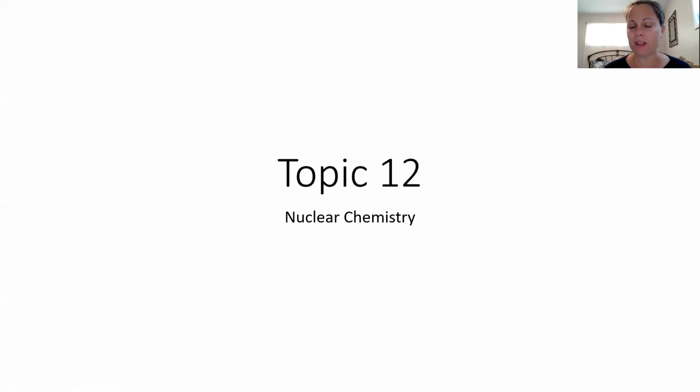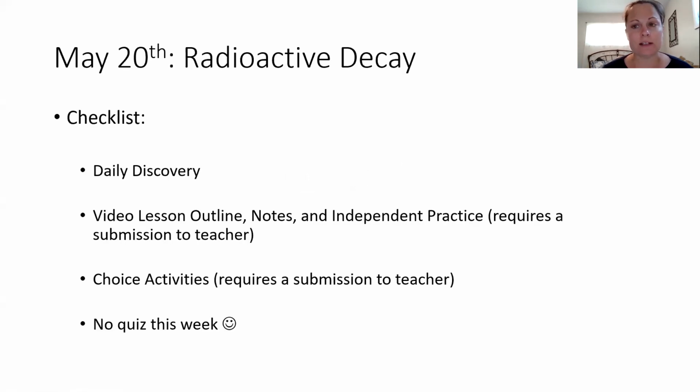So moving on to this week, topic 12 in your review book is on nuclear chemistry. We're going to spend a few weeks on nuclear chemistry, which is a pretty fascinating and sometimes physicsy subject. So the checklist for this week, we're going to do a really quick daily discovery, which is just a review of the atom.